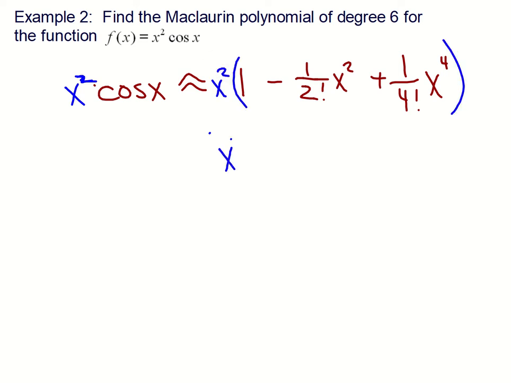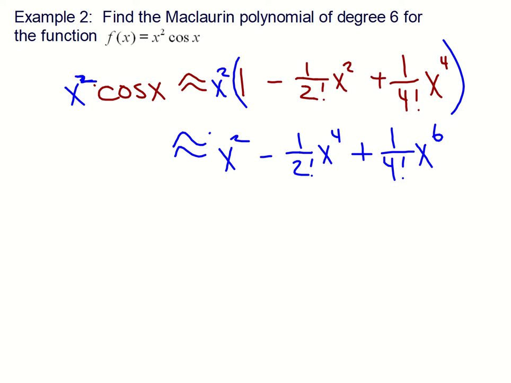So that would be x squared minus 1 over 2 factorial x to the 4th plus 1 over 4 factorial x to the 6th power. And that would be my Maclaurin polynomial of degree 6 there.